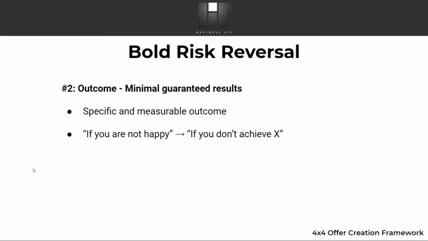So saying, okay, if you do not achieve at least a positive ROI, if you do not get at least this, if your success doesn't look like this, then that risk reversal will be effective, and you will get compensated in whatever way. We'll look at different ways there. But it's important to let them know exactly what happy should look like, and tie in the results in there.